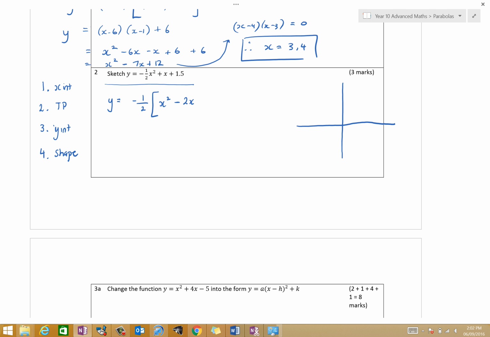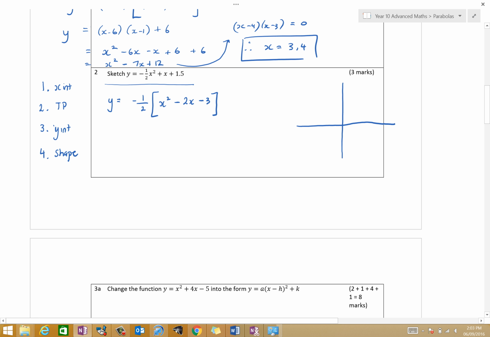A half is 0.5. So what would I have to multiply negative a half by to get 1.5? Negative 3. Yeah? So we've started off here, and now what I'm going to do is complete the square.